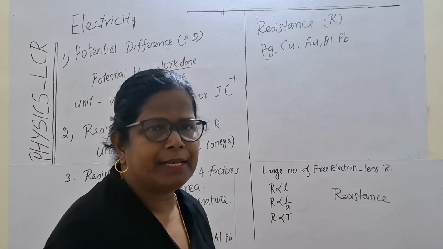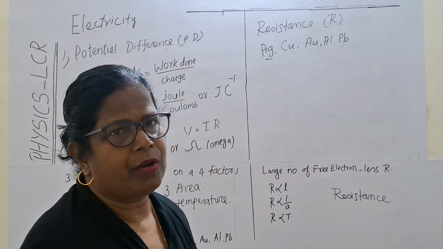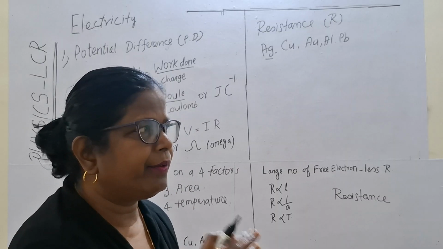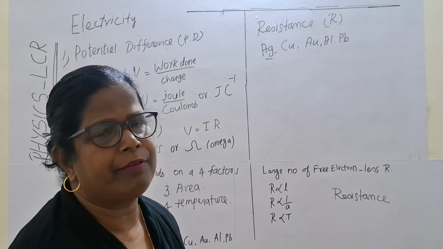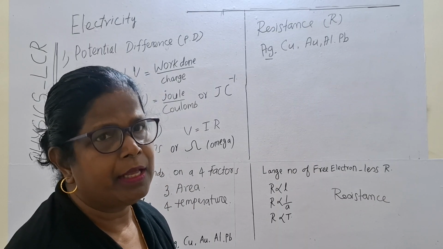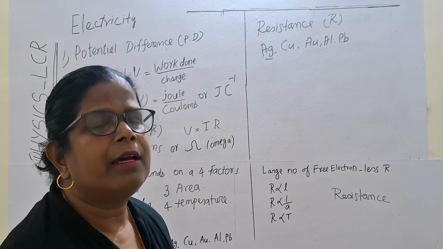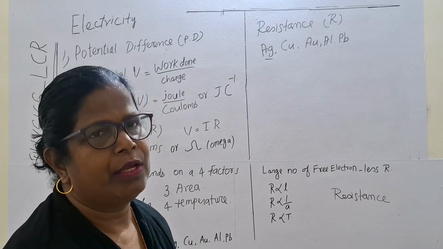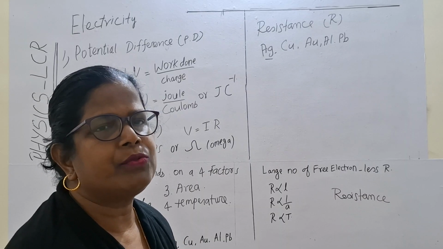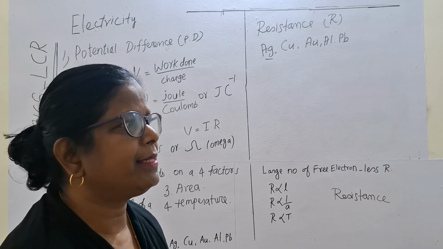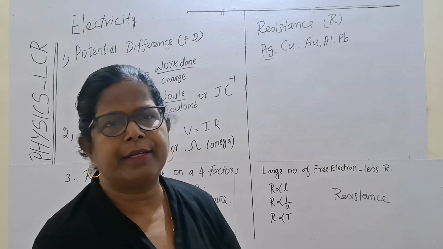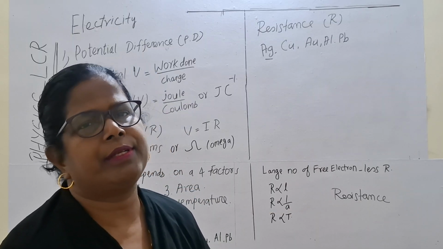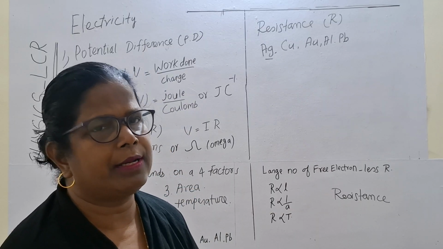Lead has a very small number of free electrons. Different metals have different numbers of free electrons. A bad conductor, an insulator, has very few free electrons. So a good conductor gives very little resistance. A bad conductor, an insulator, gives more resistance.